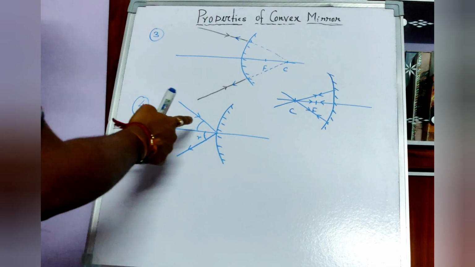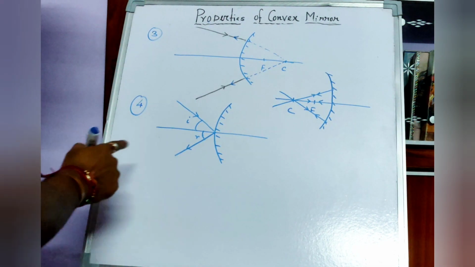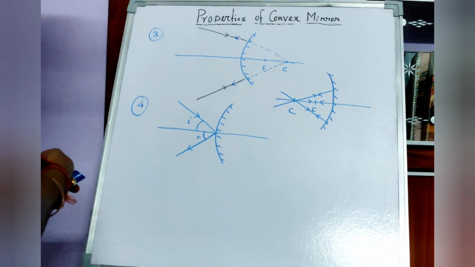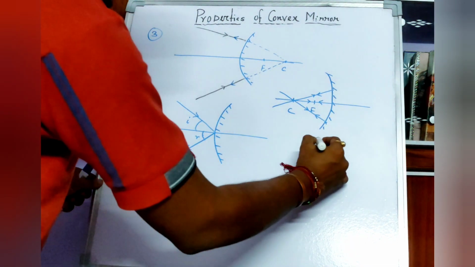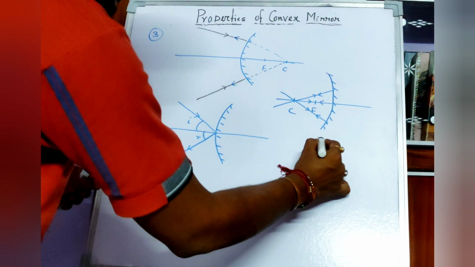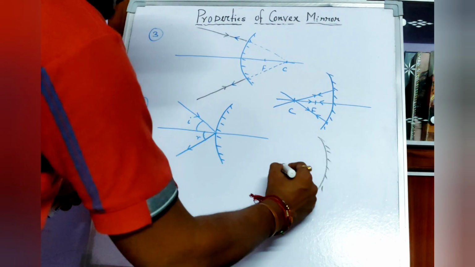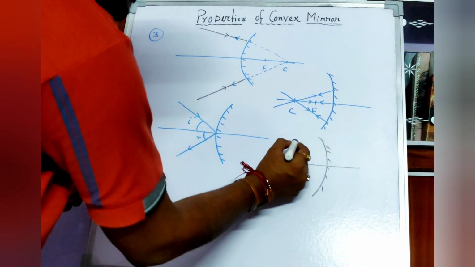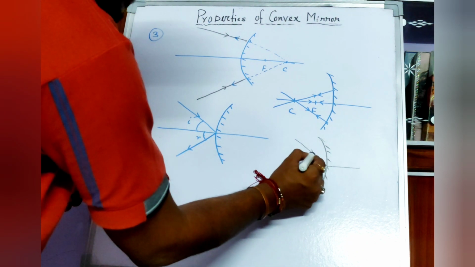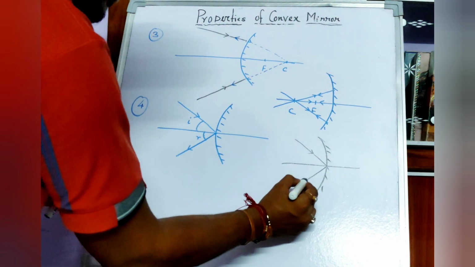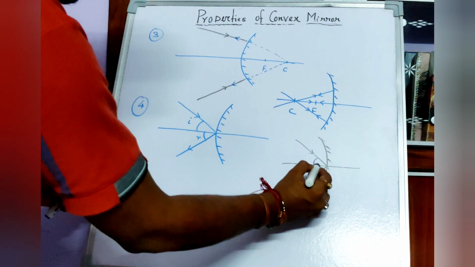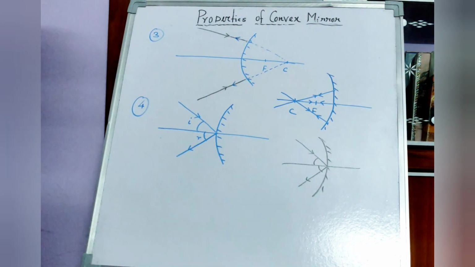So if the angle of incidence is I, this will be the R, and these two are equal, as I explained in the concave mirror also, this is the concave mirror and this is the principal axis. If any ray is falling at the pole at an angle, it will be bounced back with the same angle. That means this angle and this angle are equal. Here also same thing, right?